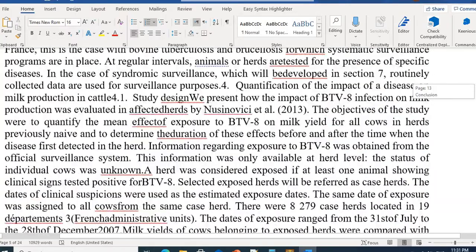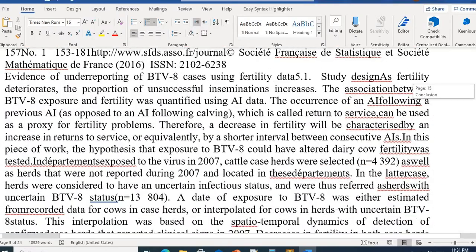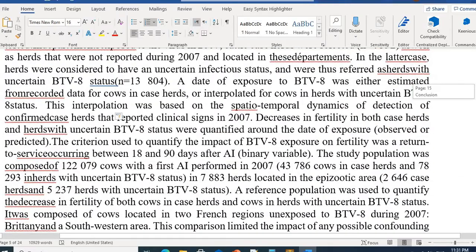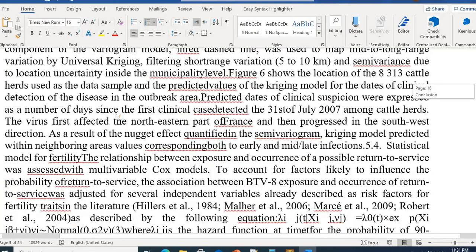This text is also given in the MS Word file. You can read it and try to understand the importance of statistics in your own field.